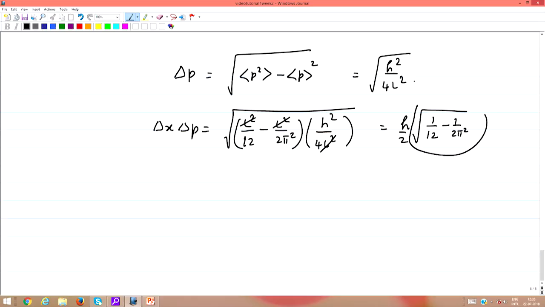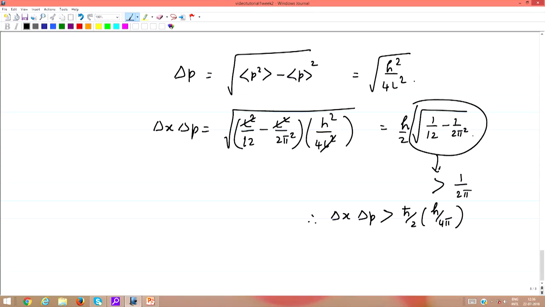And you can show that this is greater than 1 by 2 pi. Therefore, delta x delta p is equal to or is greater than h bar by 2 or h by 4 pi.